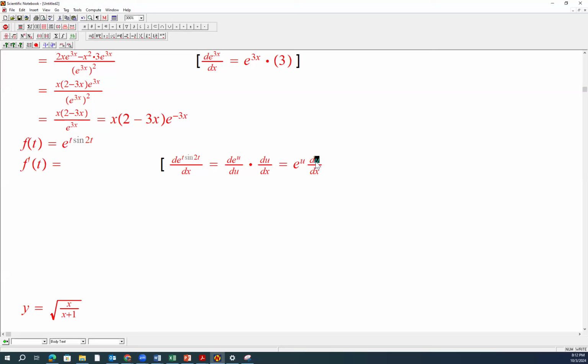So over here, u will be replaced by its equal, which is the product. So here, that's why we're going to apply product rule. And in front of it is going to be e to the power u. E to the power u, of course, is e to the power t times sine 2t. All right? So please practice this yourself. Don't just watch and follow. Try it again and do it again.